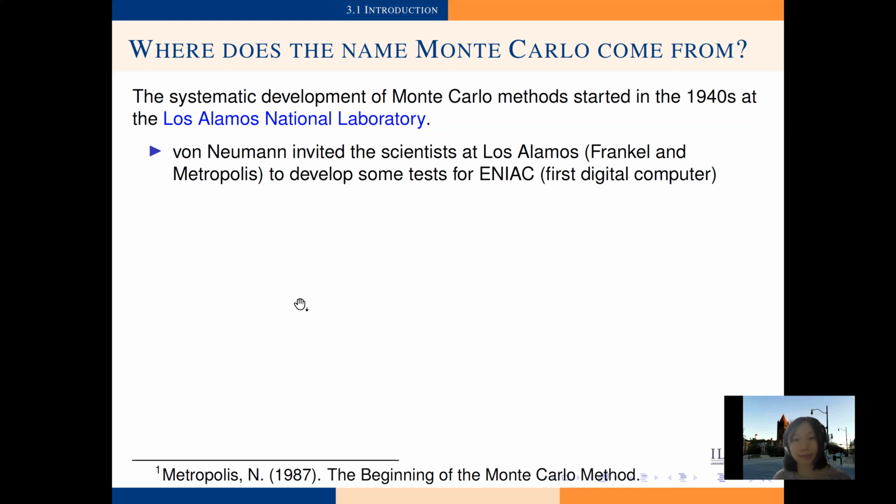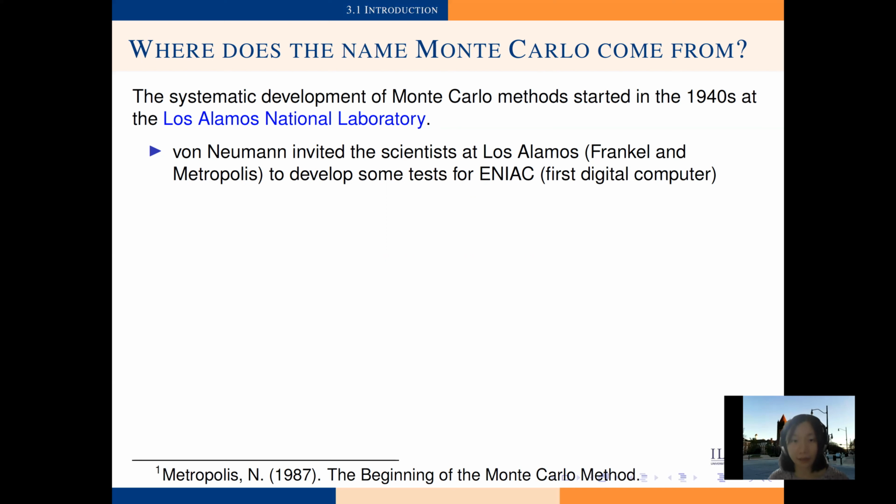During the 1940s, the first digital computer, ENIAC, was being built at the University of Pennsylvania. And you know that during that time, computers were still not for personal use, they were for military uses.